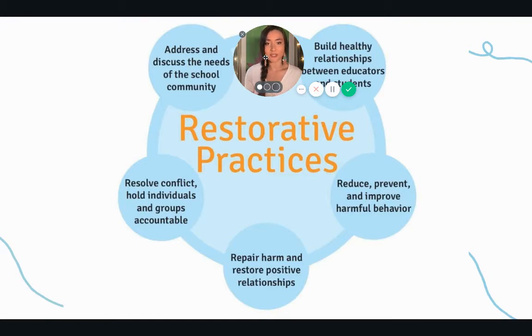Through these healthy relationships, we hope that we can both prevent and improve behavior that causes harm. We also hope that if behavior happens, that harm occurs, that we're able to repair and restore the relationships after that behavior occurs. We hope to resolve conflicts within a group, and then, of course, addressing the needs of the entire school community.